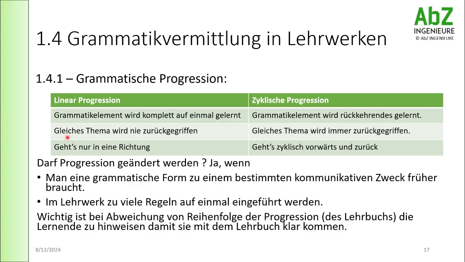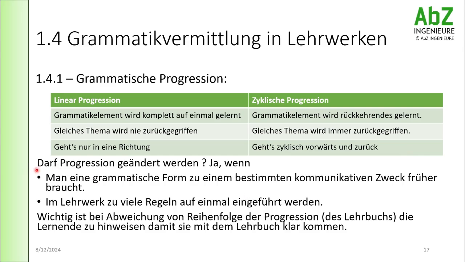In linear progression, you won't repeat the same topic again. Whereas in cyclical progression, you will always come back to the same topic and practice the grammatical element again. So linear progression goes only in one direction, whereas cyclical progression goes forwards and backwards. Though the differences are very simple, it's a very easy question to answer and get points in your test.